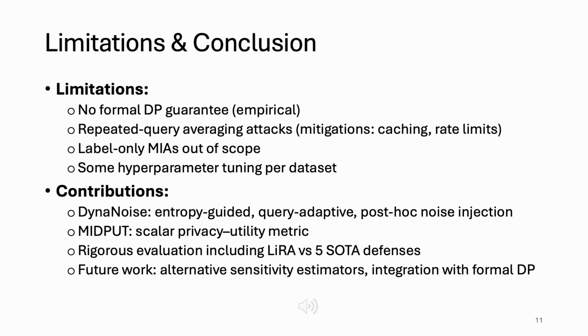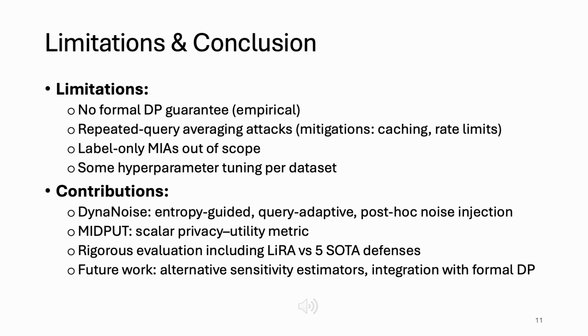Like all stochastic inference-time defenses, repeated queries could average out the noise, so we assume rate limiting. Caching noisy responses is a practical mitigation. Label-only attacks are out of scope, and as with every defense we compared against, some hyperparameter tuning helps.